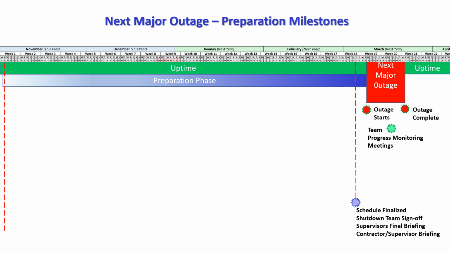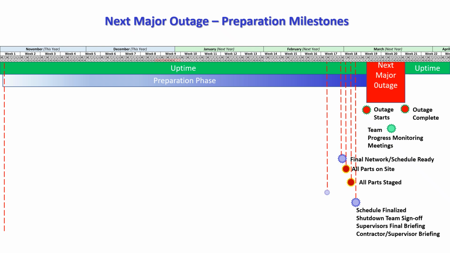Then we can conduct the supervisor final briefing and a briefing of the contract supervisors. At that stage, of course, we need all parts staged, in which case all parts need to be on site even earlier. And we need to finalize the schedule a little before that as well.